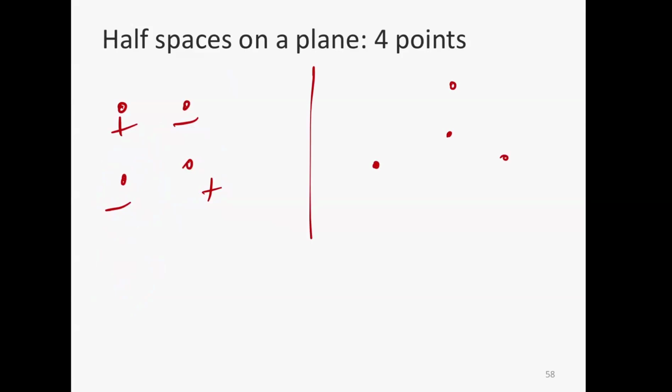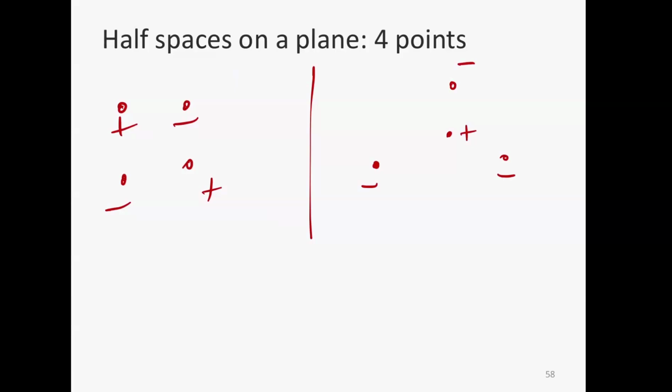Still no. Why not? Yep. If you make the middle point a different label from the boundary points, you cannot separate the middle point from the boundary using just a line. Are these the only two ways in which 4 points can exist on a plane? Is there any other way? Yes.